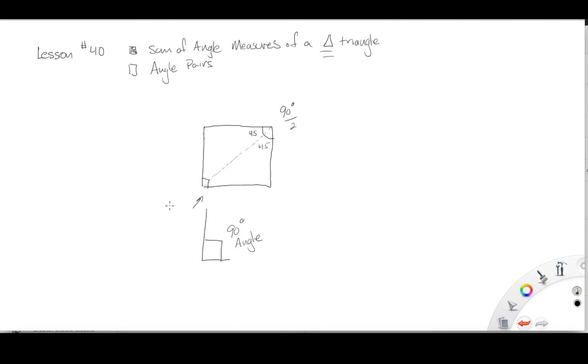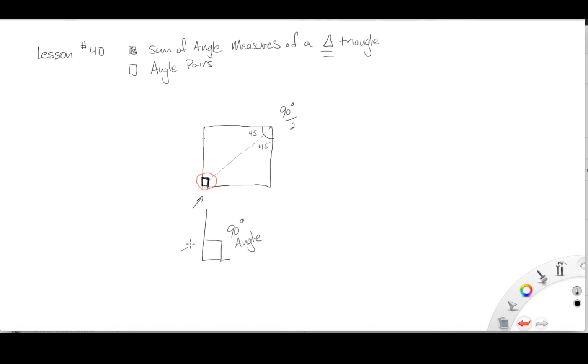And I want to show you a couple of things that are really important. First of all, I want to focus in on this area right down here. You'll notice that I have a square, and then in the bottom of this intersection, there's kind of a representation of a square.